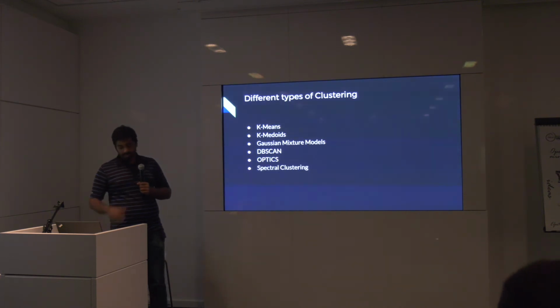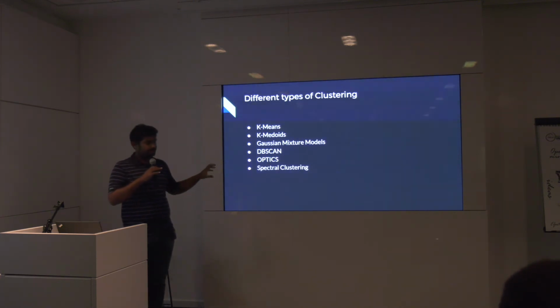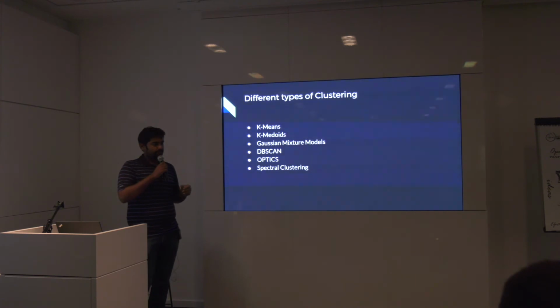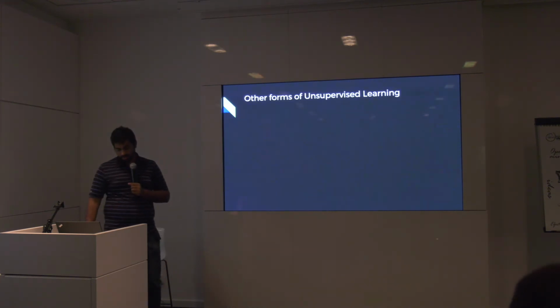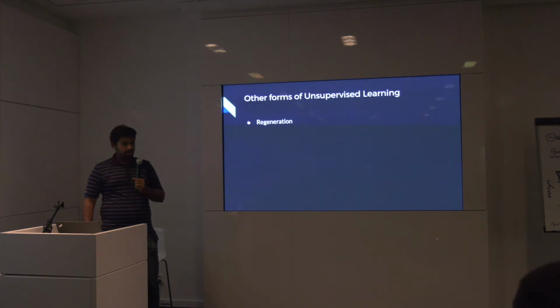And DBSCAN, OPTICS and spectral clustering are built on k-means and k-medoids. They solve some of the drawbacks of k-means, and DBSCAN works on the idea of reachability. From a given point, you look for any points that are within distance r, and you put them in the same cluster.